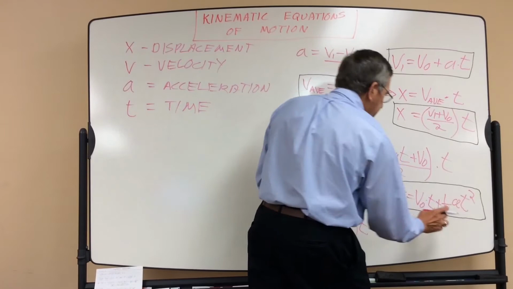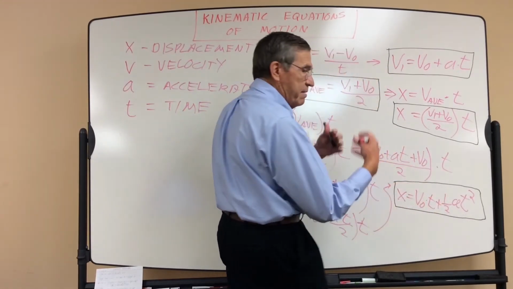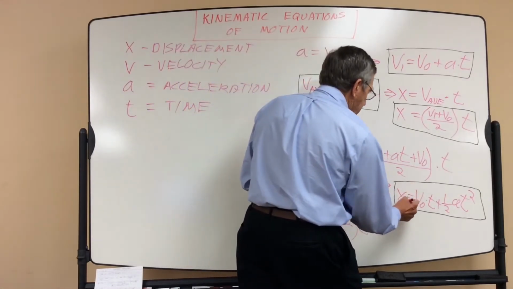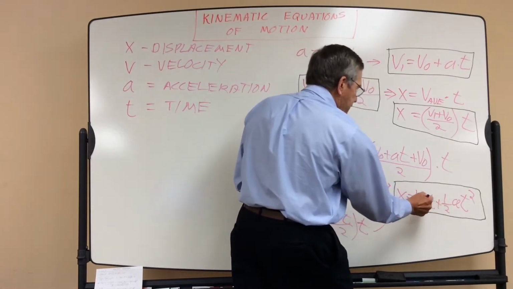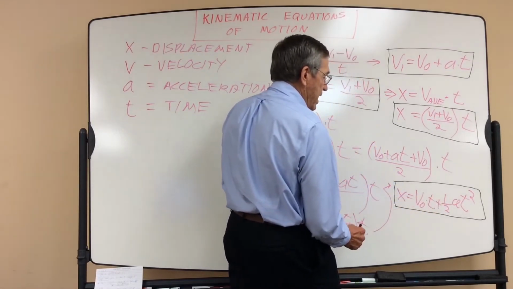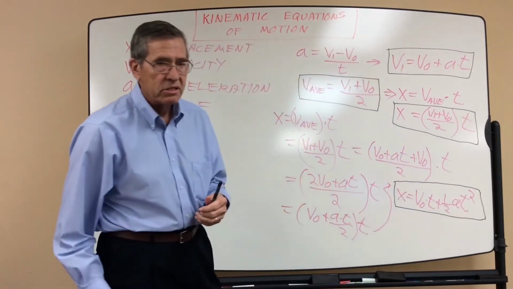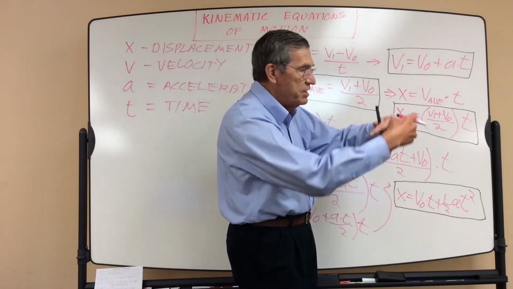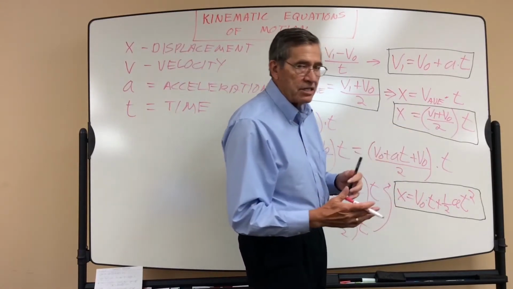And that will also give me a number, which will also be in the units of displacement, like meters or feet or miles. And this will allow me to find how far we go if I know how fast I was going in the beginning, how long I traveled, and at what acceleration. So that's a very powerful formula for bringing things together and finding out how far something has traveled.